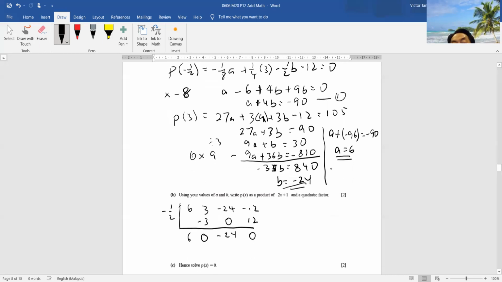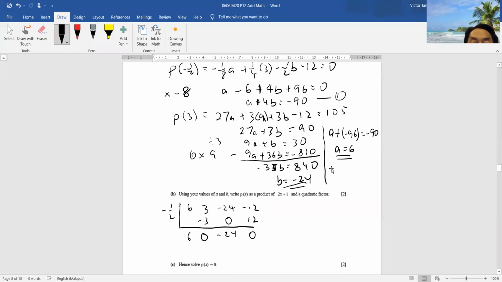Okay, so the quotient, you have to divide by 2, you times by half. So the quotient is 3x squared minus 12. Okay, so P(x) would be equal to (2x plus 1)(3x squared minus 12).